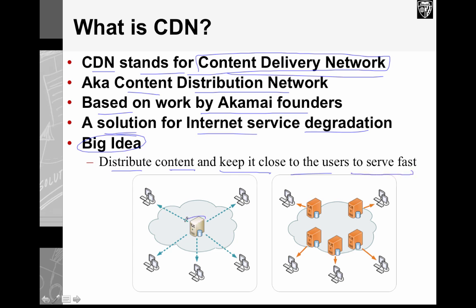In other words, rather than keeping the content in one location and having the users come to that one location, let's say your website, rather than having all the users from all over the world come to Ashburn, Virginia, it would be a good idea to distribute the content to edge sites or edge servers all over the world so the clients can connect to these edge sites and get the content locally.